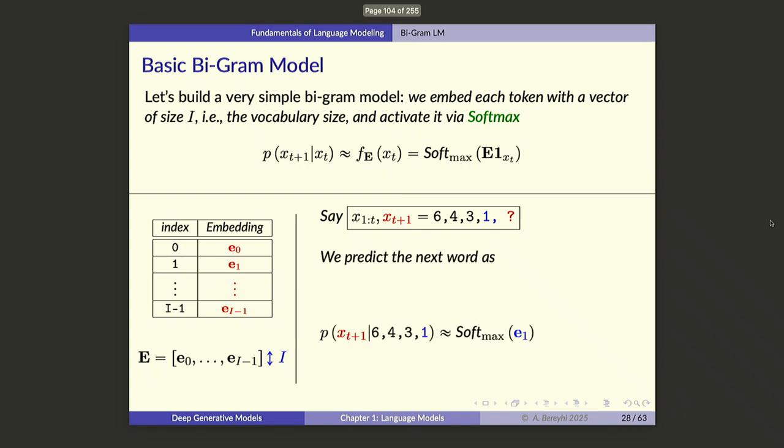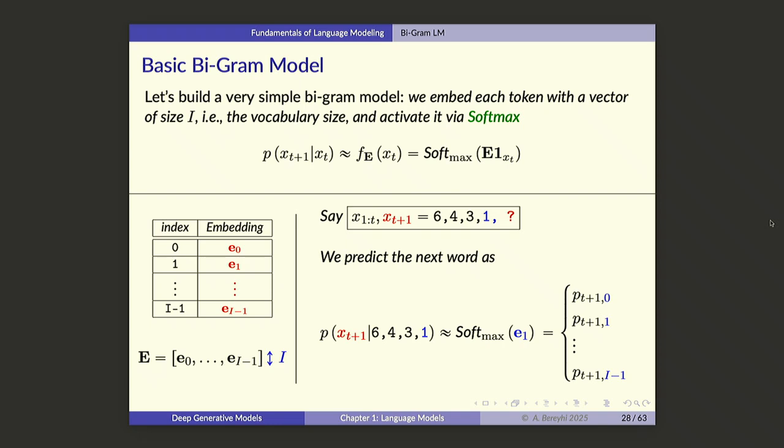So I'm going to take E1, which is the embedding of the first token, and pass it through a softmax. At the output of the softmax, I'm going to have one vector of dimension I, exactly the same as my vocabulary size.